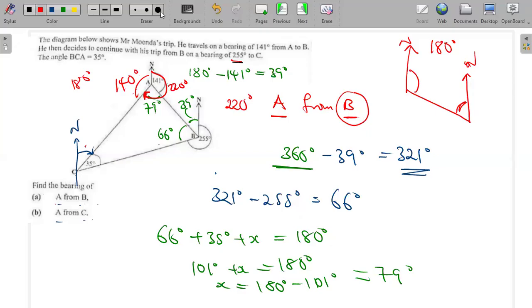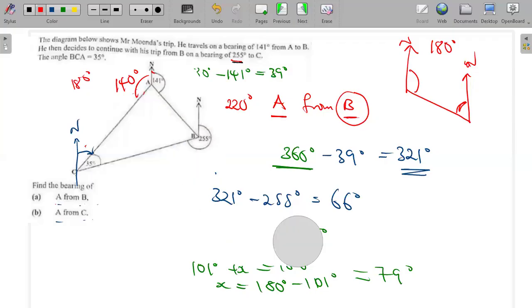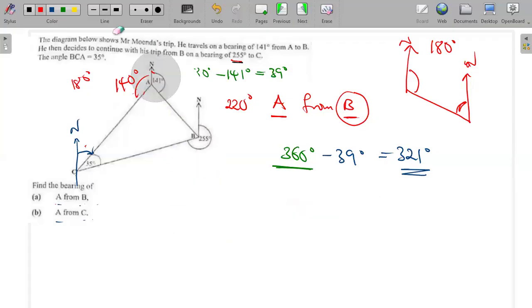So this angle here is 140. If this is 140, I can find this angle because they're allied angles and they add up to 180. So I subtract 180 degrees minus 140 degrees, which gives me 40 degrees. So this angle here is 40 degrees.